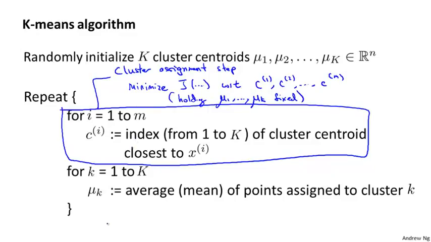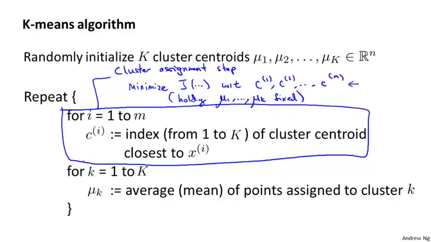So what the cluster assignment step does is it doesn't change the cluster centroids, but it exactly picks the values of c^(1), c^(2) up to c^(m) that minimize the cost function or the distortion function J. It's possible to prove that mathematically, but I won't do so here. It has a pretty intuitive meaning: let's assign each point to the cluster centroid that is closest to it, because that's what minimizes the squared distance between the point and its corresponding cluster centroid.